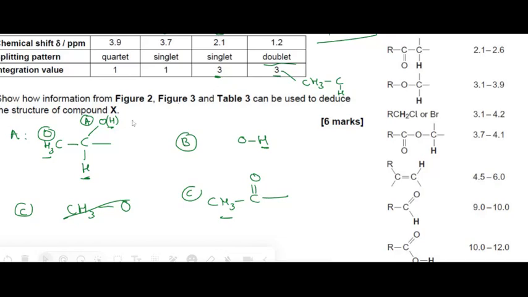So this is A. I should have put this A here, really. That's your A. That's your D. This is your B. I get rid of the brackets. And then the other fragment, so C double bond O, CH3.